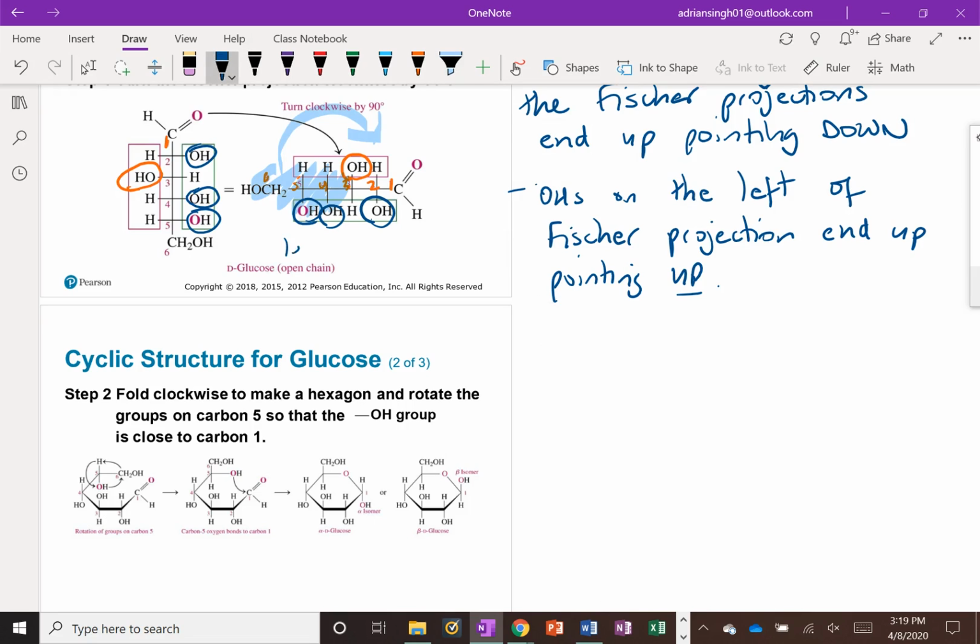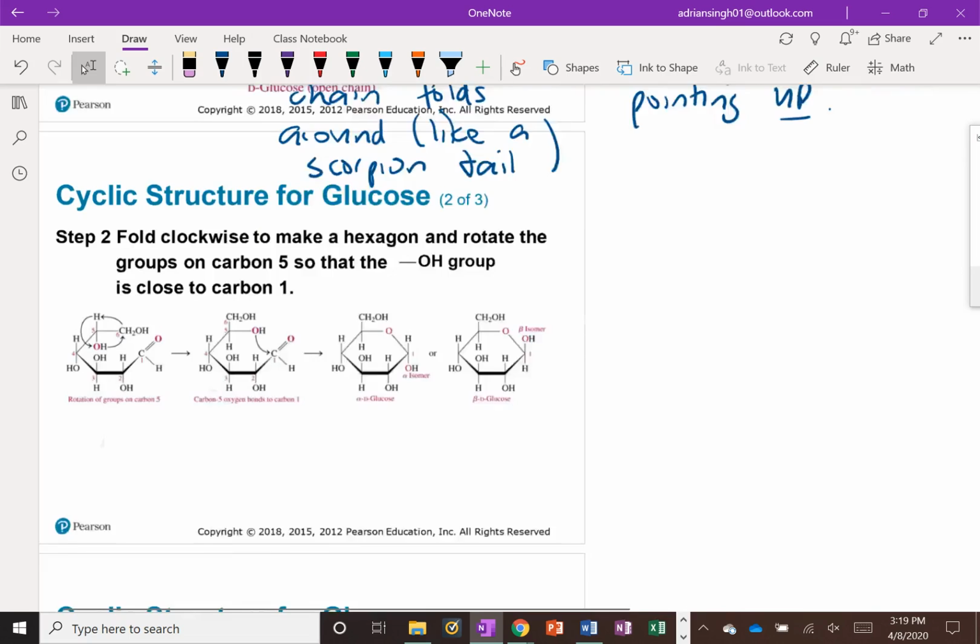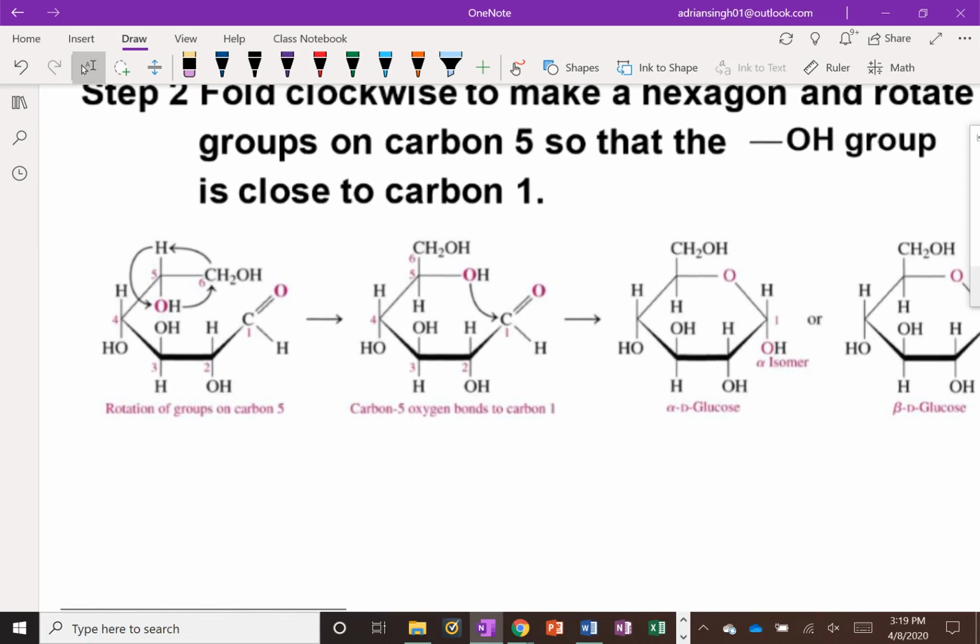So the left end of the chain folds around like a scorpion tail.